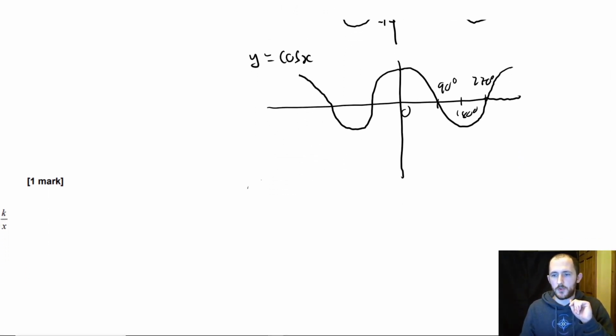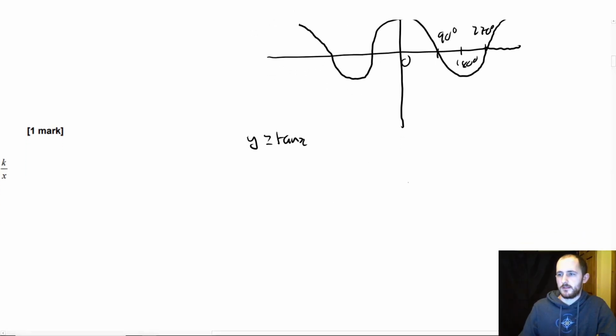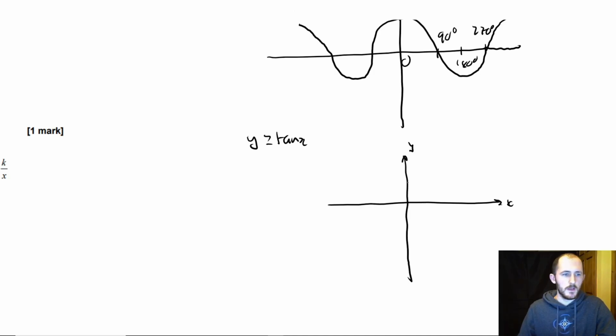But in the meantime, I'll draw up the tan graph, which I personally think is probably the hardest one to remember. I'm wondering if I should Google an image for you instead of drawing it. You know what? Nah. You're expected to draw it, so I'll draw it. So you have something that looks like this.